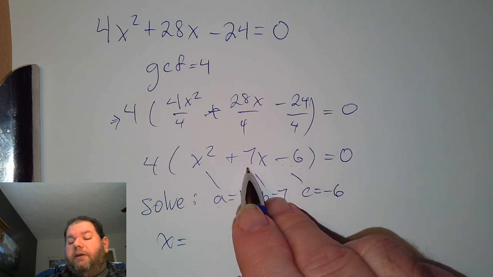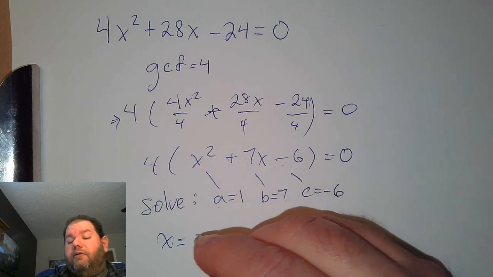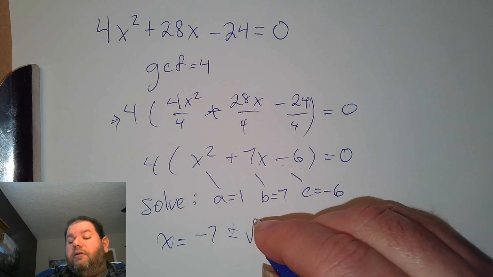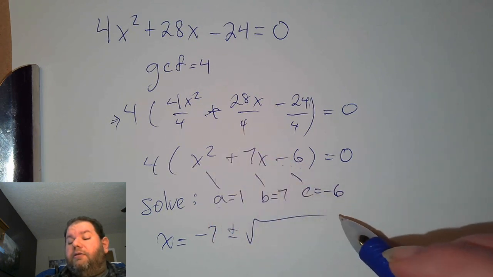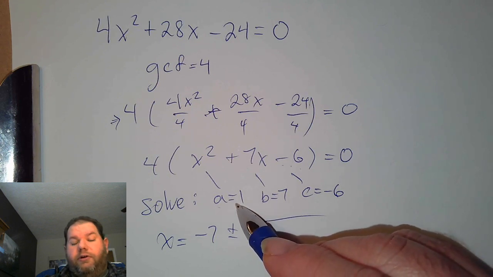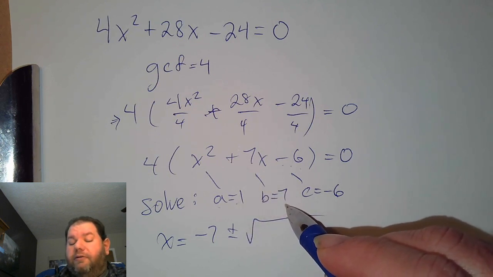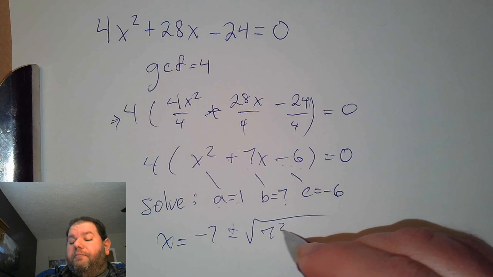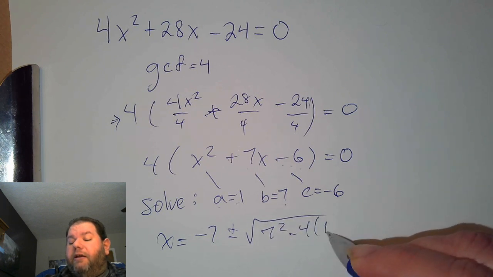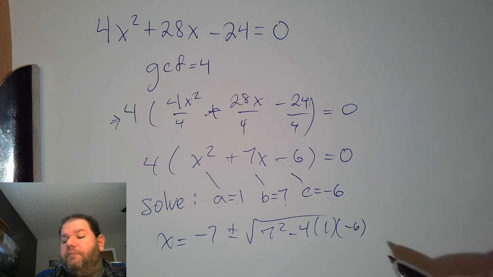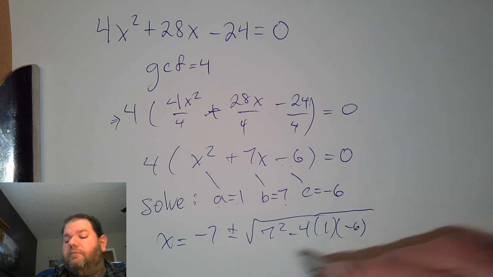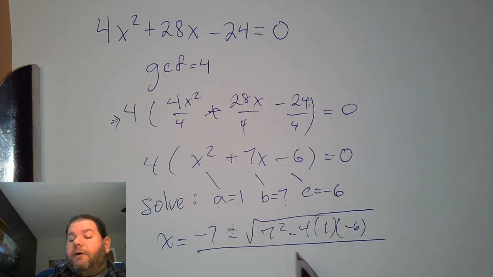So negative b would be negative 7. b squared would be, sorry, actually 7 squared, minus 4 times a, 1, times c, negative 6. And on the bottom, 2 times a is 2.